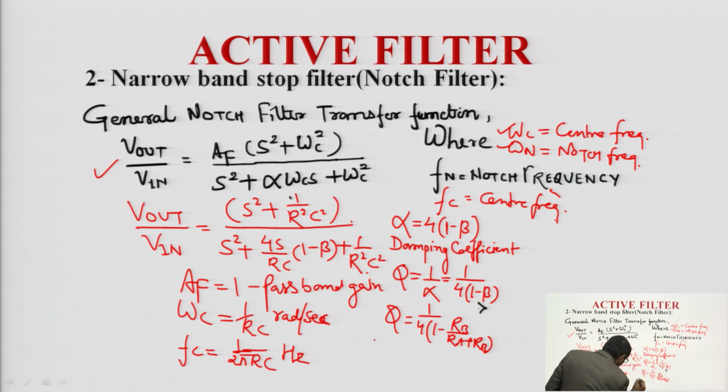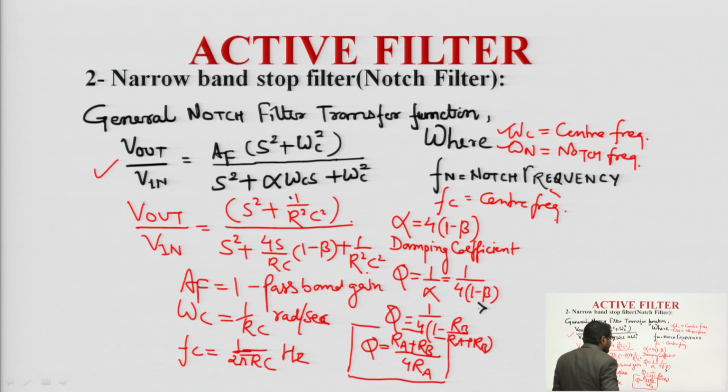Then we get the Q. If you solve this, then we get Q is Ra plus Rb divided by 4 Ra. Okay. This is the expression for a quality factor of notch filter for a modified twin T network.